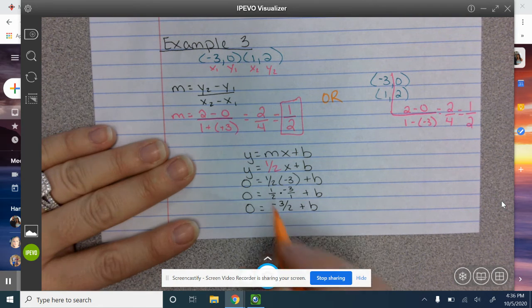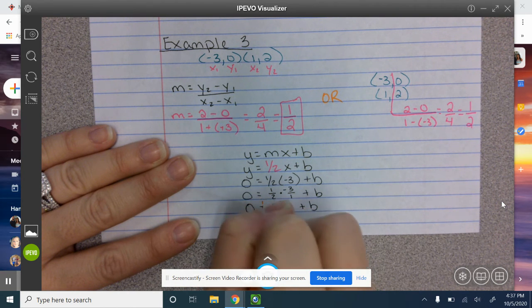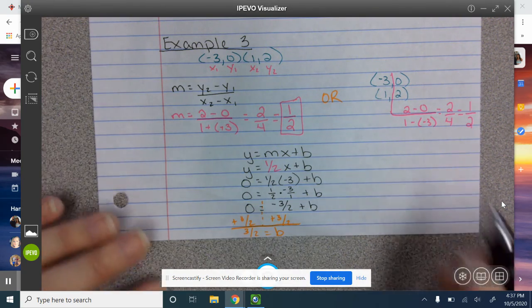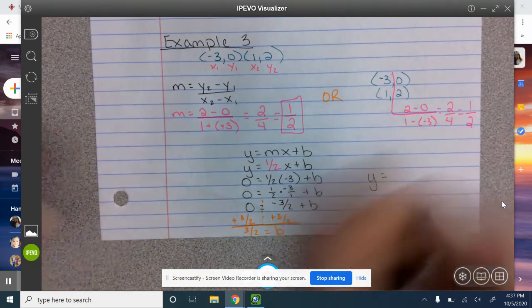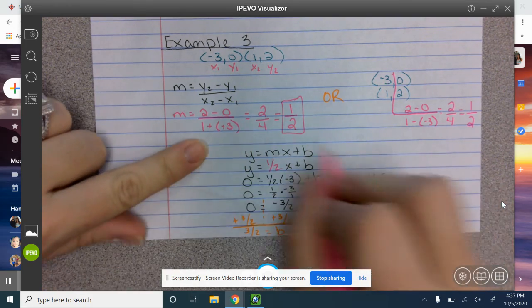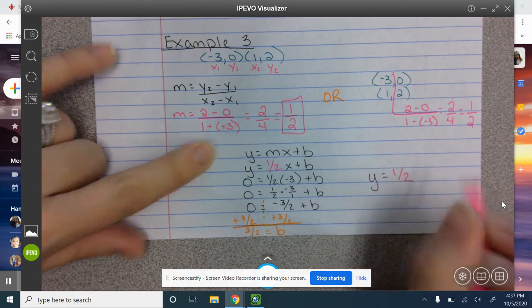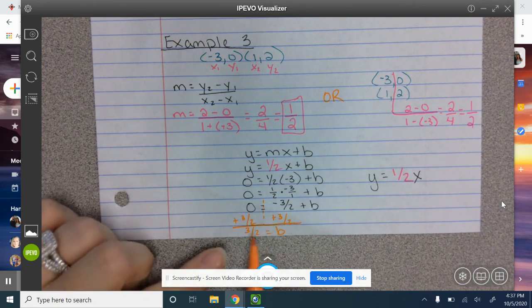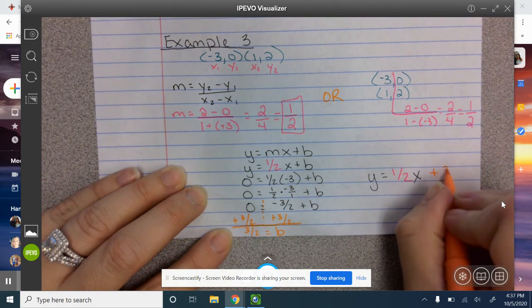To get b by itself, to undo minus 3/2, we add 3/2. And b equals 3 over 2. So to write my equation, I would have y equals, my slope, my m was 1/2 x, and then my b value is a positive 3/2.